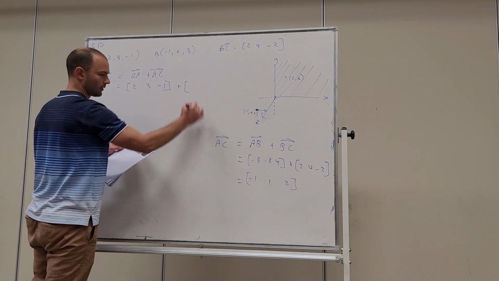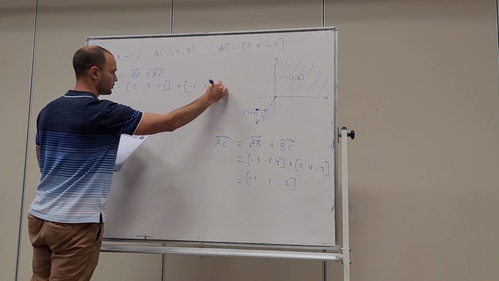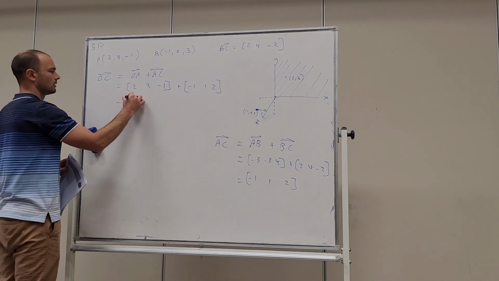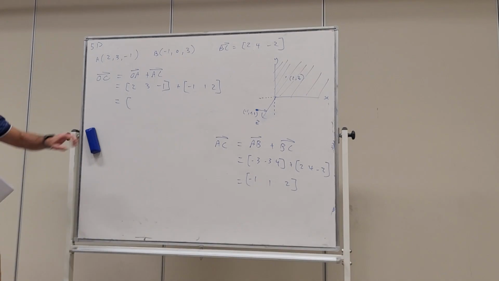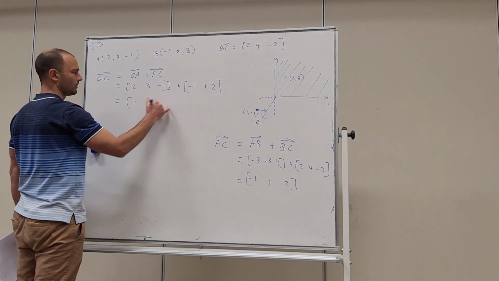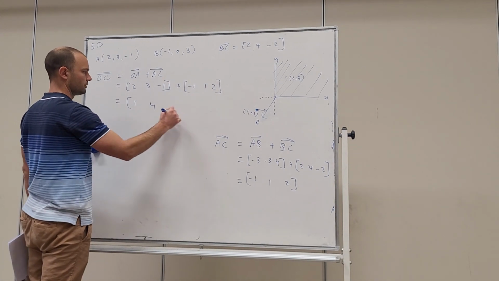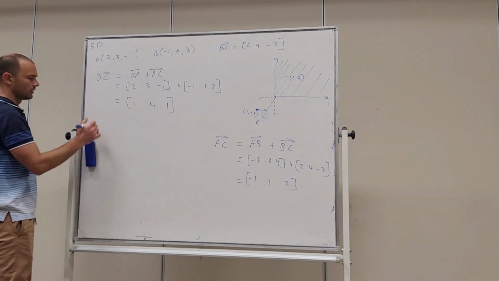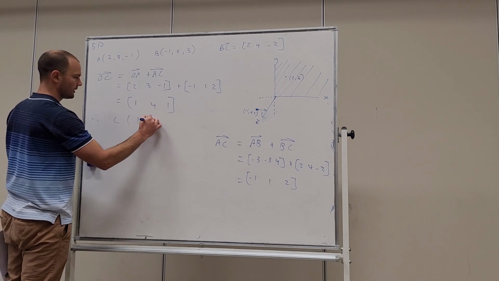And AC, we've got down here, (-1, 1, 2). Add those together. 2 and -1 will be 1. 3 and 1 will be 4. -1 and 2 will be 1. Therefore, C has coordinates (1, 4, 1).